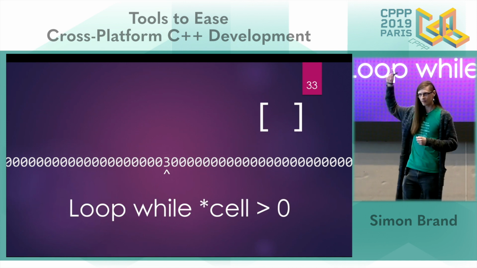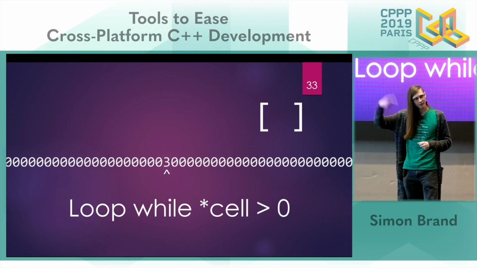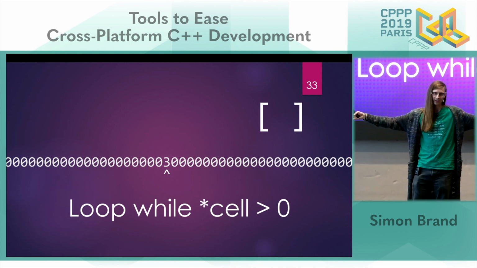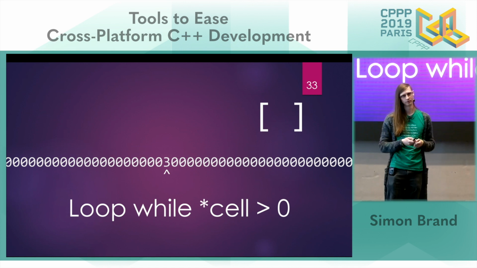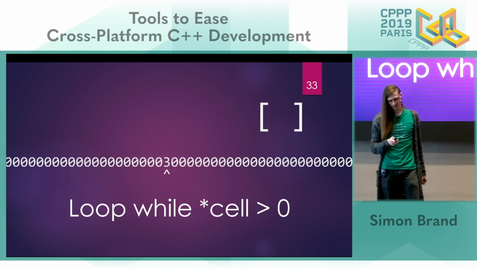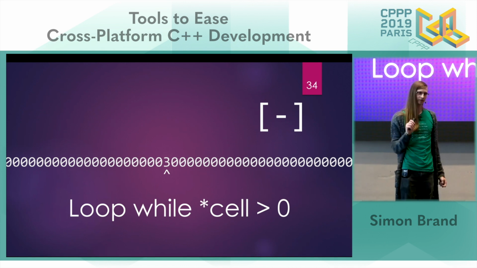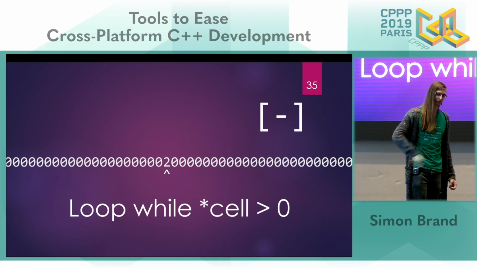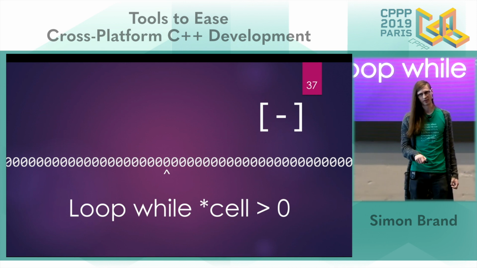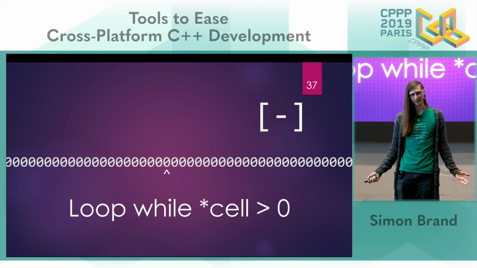So this means we're going to repeat whatever is between these 2 square brackets while whatever we're pointing at is greater than 0. So as an example, if I put a minus, which is the decrement instruction, in there, this would just keep on looping down until we get to 0, and we end.